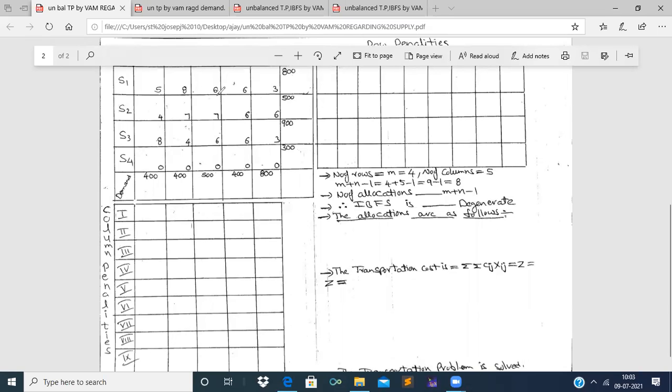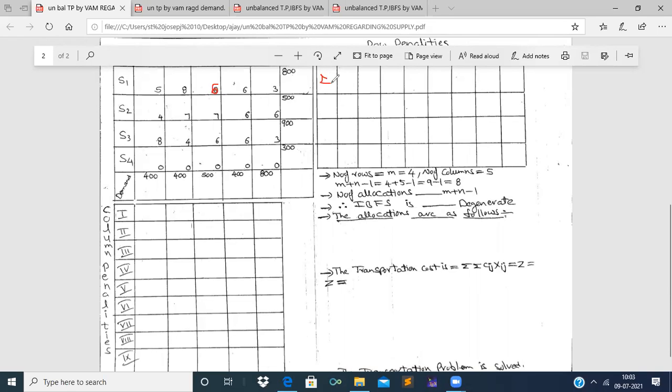Yes, children, it is 6, right? Let me write this as 6. It is 5 8 6 6 3. In this first row, the first least cost is 3 and the next least cost is 5. 5 minus 3 is 2.